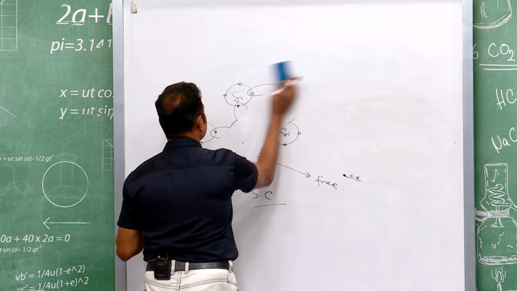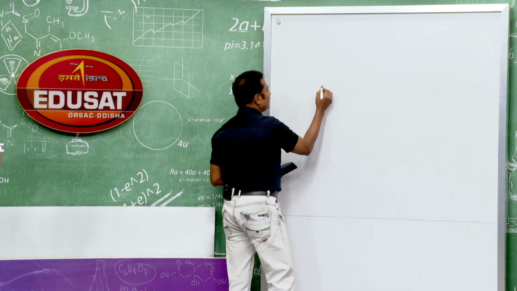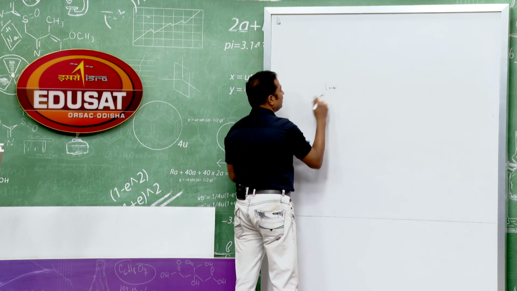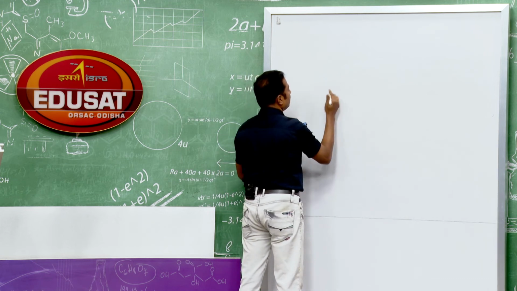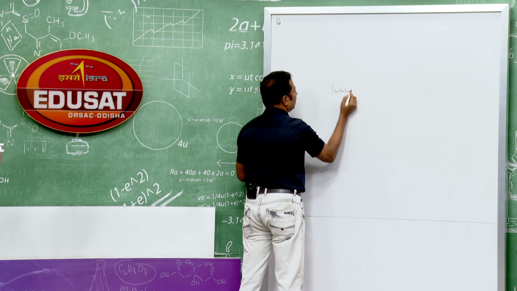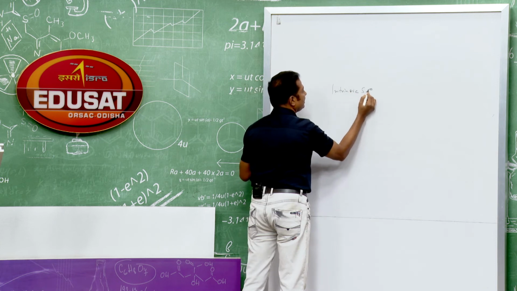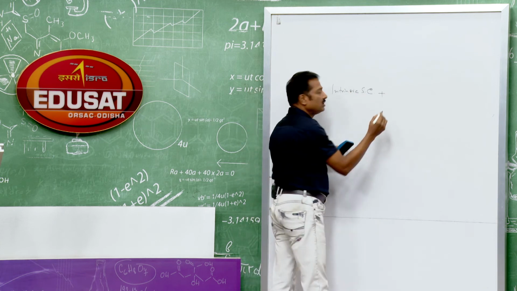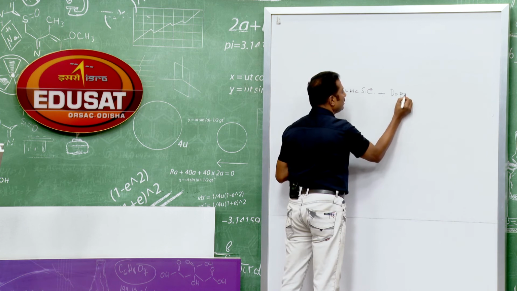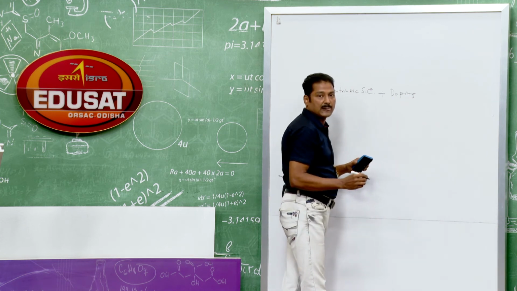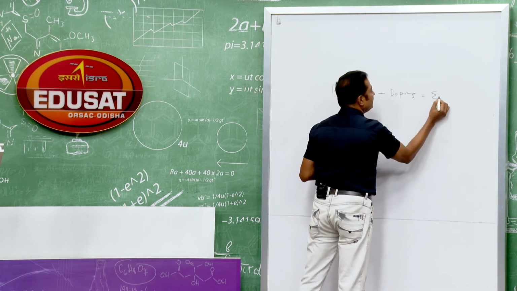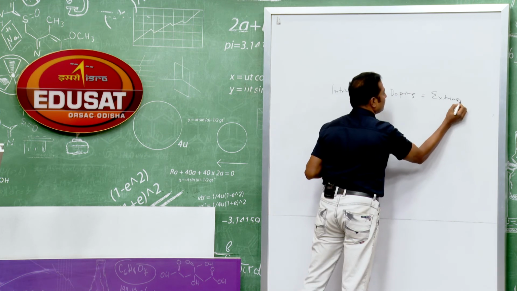But when an intrinsic semiconductor is doped with an impurity, then it is an extrinsic semiconductor.